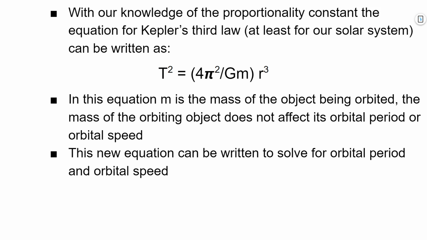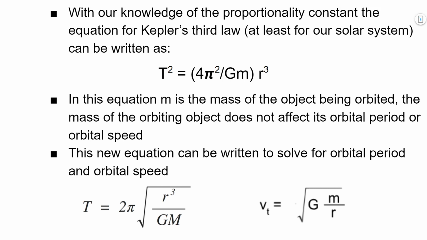The new equation can be written in two separate ways, where we are isolating information in order to solve for orbital period and for orbital speed. So when we're solving for orbital period, we have this equation. And when solving for orbital speed, we have this equation. These are going to be the equations that we use to solve problems that involve Kepler's third law.